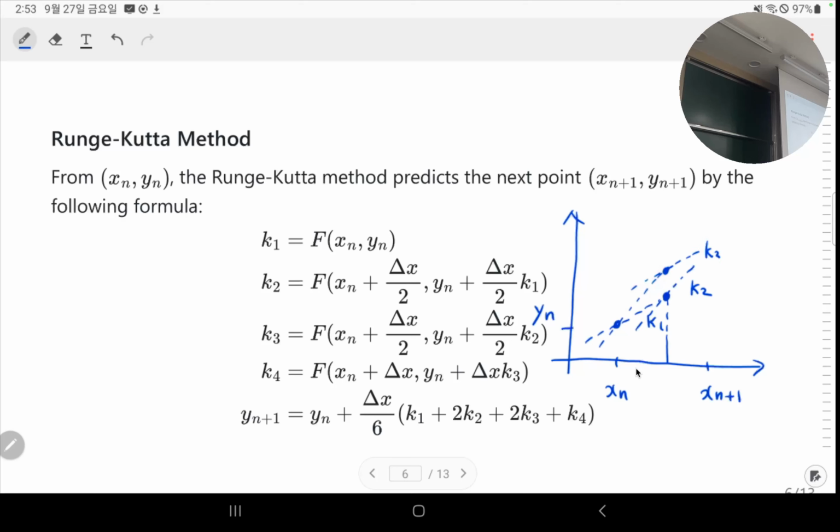It's going to be my k3. Finally, I move my entire distance from xn to xn plus 1 by this slope k3. Let me color differently. So k3 is this one, and I follow the same slope all the way up to xn plus 1.